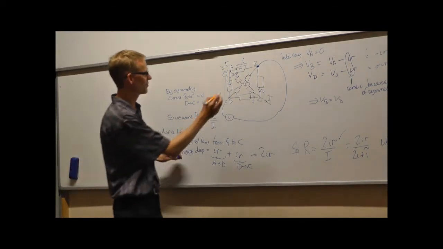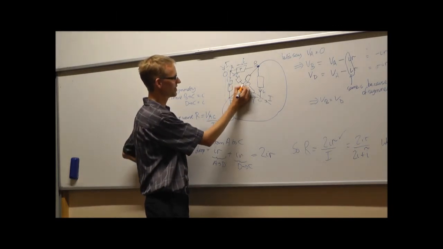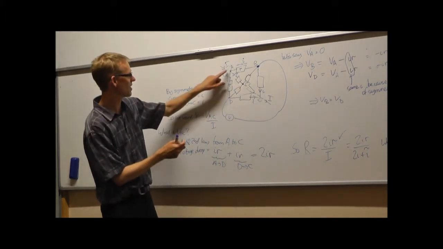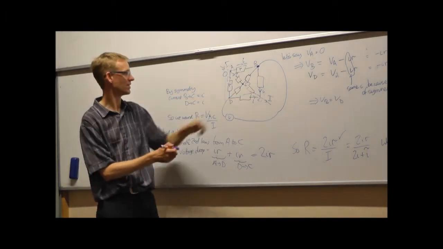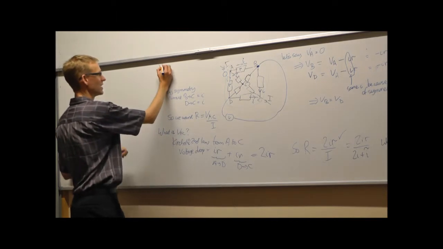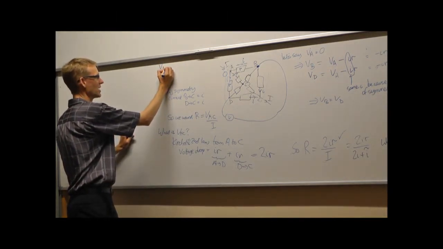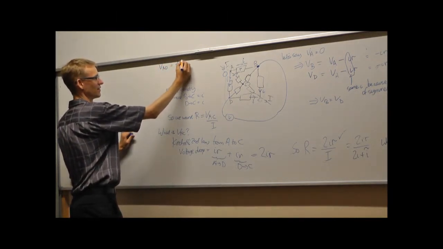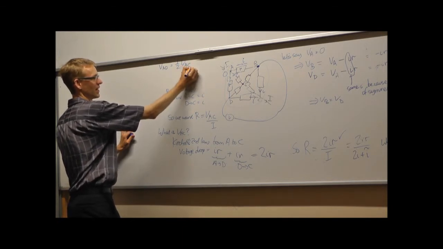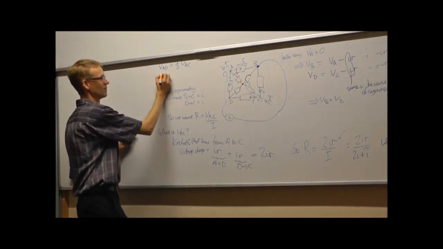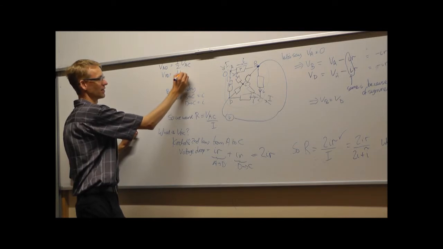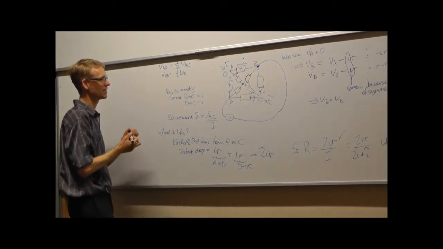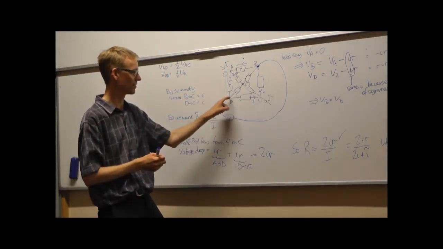But you see, we know from symmetry the potential here is going to be half the potential A to C. So we know that V_AO is half V_AC. This gives us a mathematical argument. V_AD equals half V_AC because we can go IR, IR.